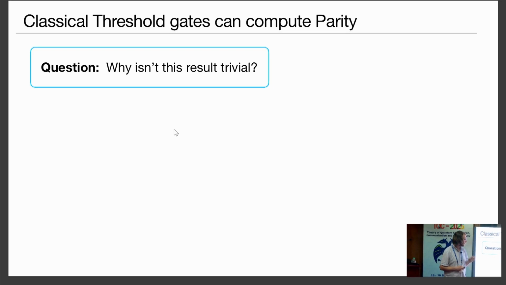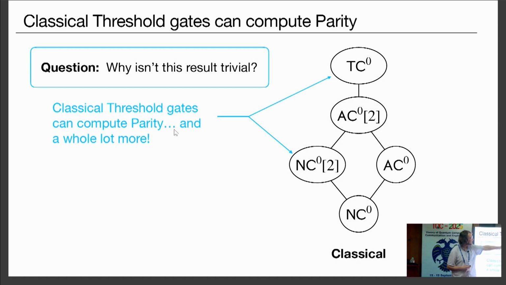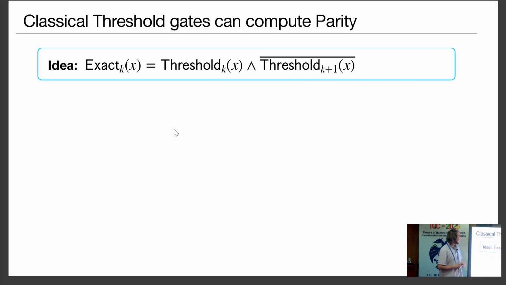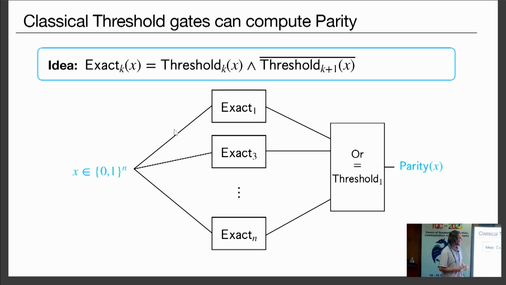Okay, so if you've studied some classical circuit complexity, you might ask, why isn't this result trivial? We have TC0 far above NC02 here, the classical analogs of the classes in our result. And you can see that a classical threshold circuit can compute parity via the following very simple circuit.